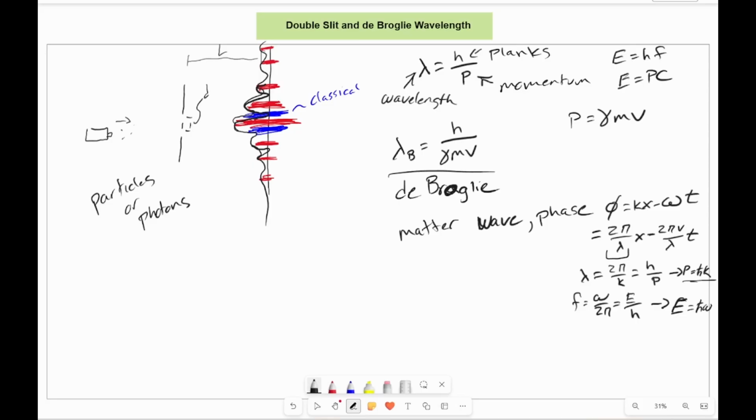E equals h bar omega. So assuming that de Broglie is correct and particles have wave-like characteristics, you could look at the velocity, the group velocity of the wave is equal to the derivative of omega with respect to k.